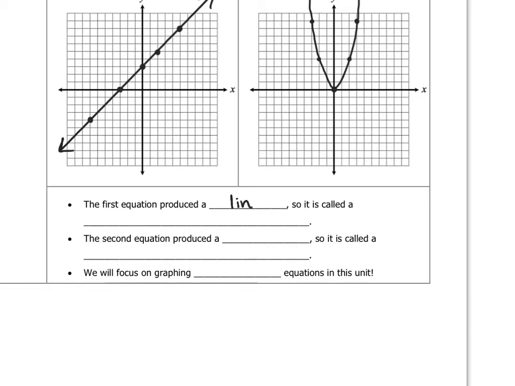Anytime you have an equation that produces a line, it is called a linear equation, or a linear function as we'll sometimes call it. The second equation produced a curve, and this particular equation is known as a quadratic equation.